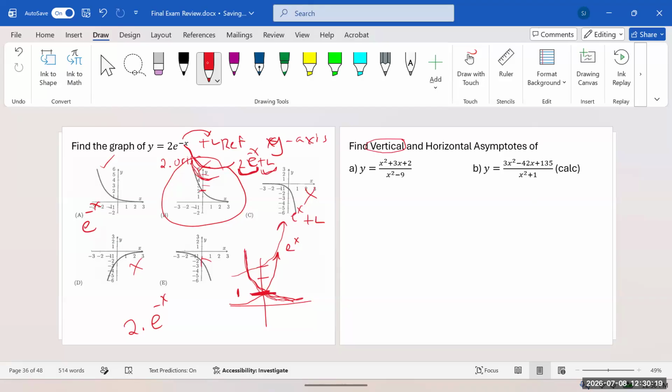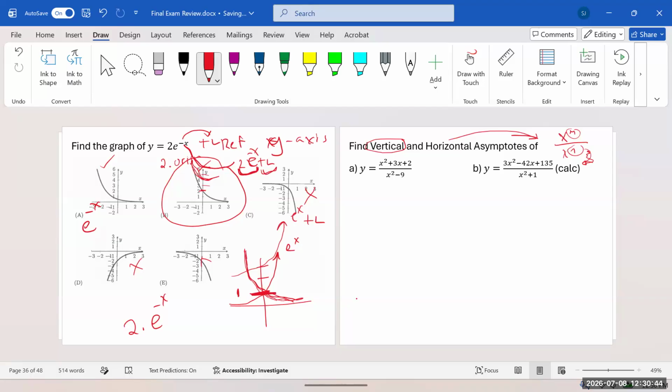Horizontal is the power. You look at x to the m and x to the m. That's the horizontal asymptote. Whatever cancels out gives you a hole. That's a removable discontinuity.